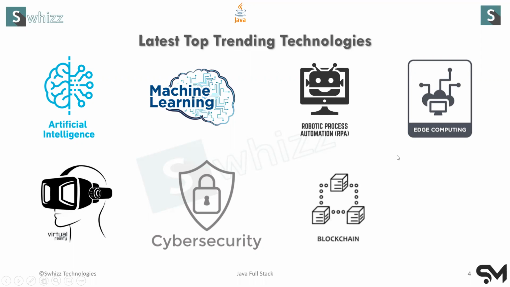Then comes blockchain. Blockchain is nothing but a technology which maintains a digital ledger. Does anyone know what a ledger is? A yellow book, right? A yellow book in which all the transactions of an account or of a person are recorded.